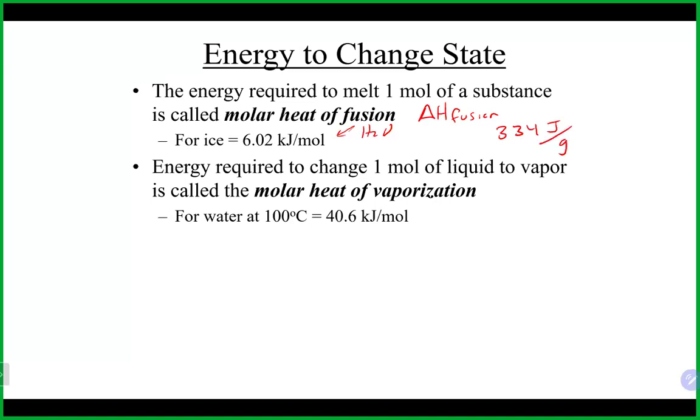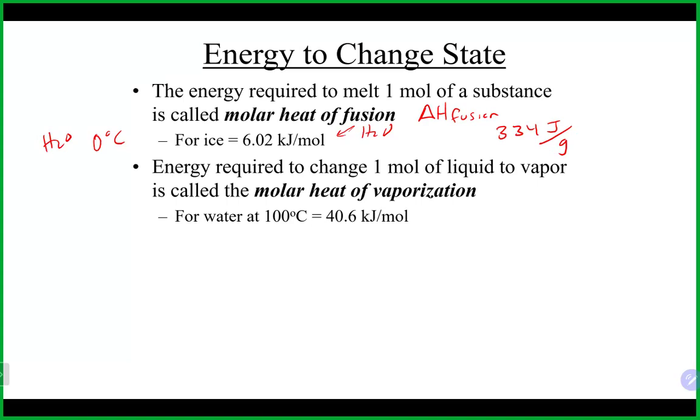And that's how much energy is required to basically change liquid water to ice or ice to liquid water at 0 degrees Celsius. This occurs for water at 0 degrees Celsius, which is its normal freezing point, melting point, where that occurs.